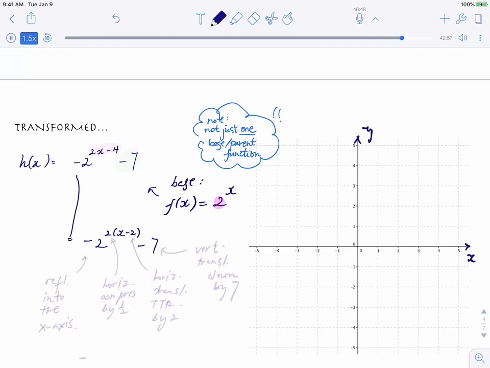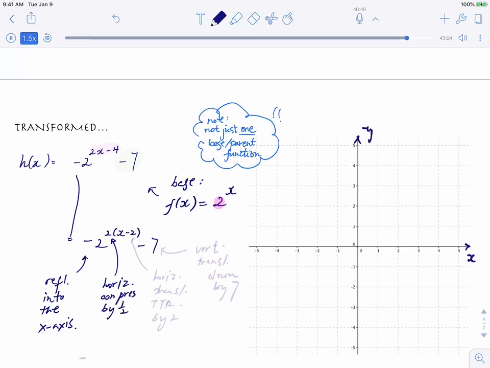Okay, so what do we notice here? What does the negative tell me? What transformation? Reflect into what? It's the y that changes, so yes, into the x-axis. And then here I have the x changing, and that will be a horizontal. With the 2, is it a stretch or a compression? Compression.